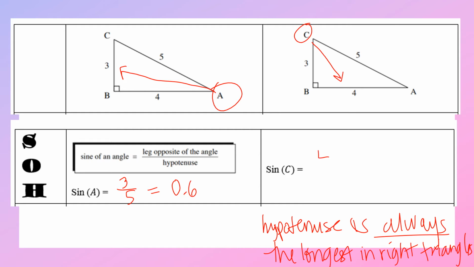The opposite of C would be 4. The hypotenuse is always the longest side, which would be 5. Again, you can reduce that or put it into a decimal. I'm going to leave it as a fraction, and if I can reduce it, I'm going to reduce it to a simplified fraction.